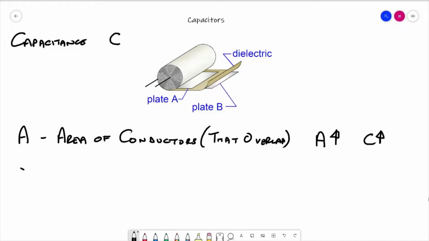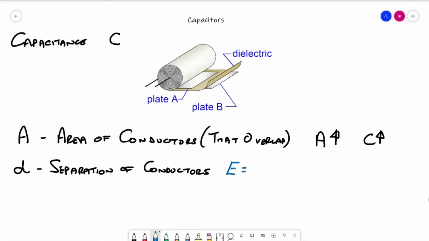Next then, we need to have a look at how far the two conductors are apart from each other. So we're going to call that D, where D is the separation of those two conductors. Now, in order to maximise the amount of charge that we're storing on the capacitors, we also need to maximise the electric field between the two plates, and therefore the electric field in the dielectric.